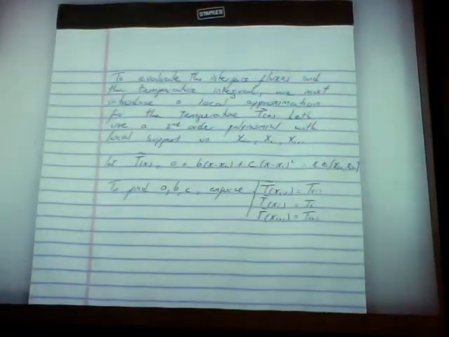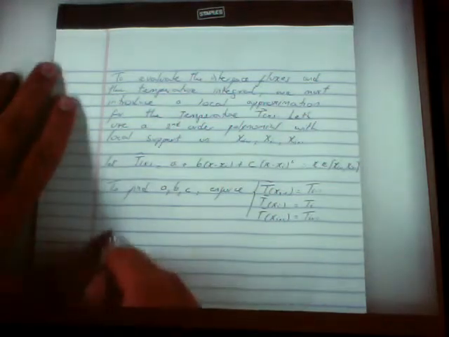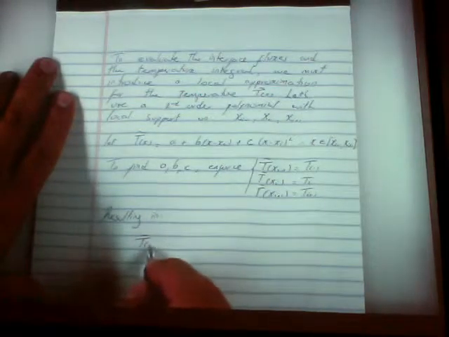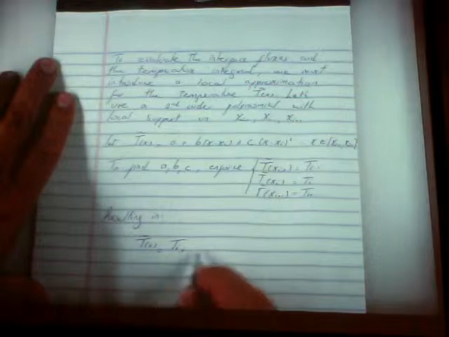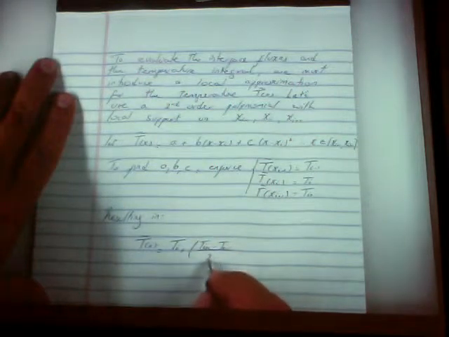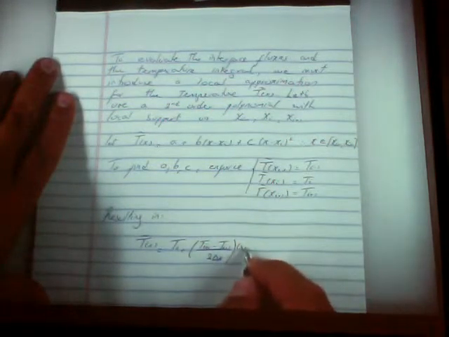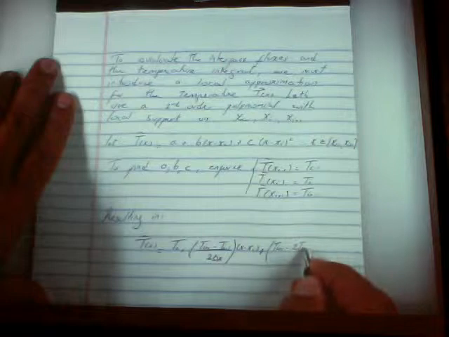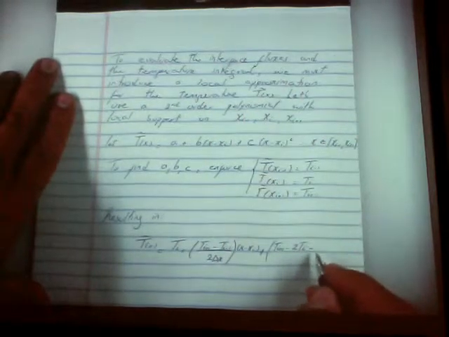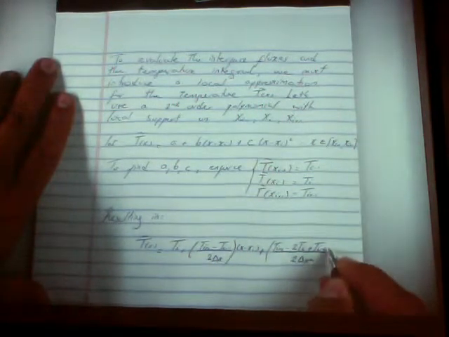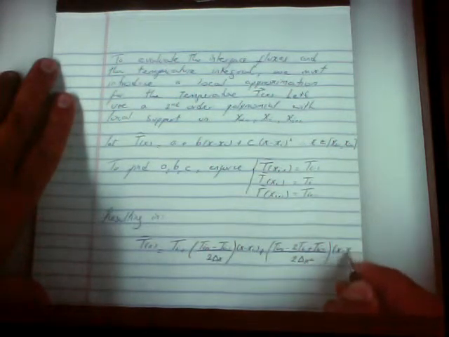This results in T_i plus (T_i plus 1 minus T_i minus 1) over 2 delta x times (x minus x_i) plus (T_i plus 1 minus 2 T_i plus T_i minus 1) divided by 2 delta x squared times (x minus x_i) squared.